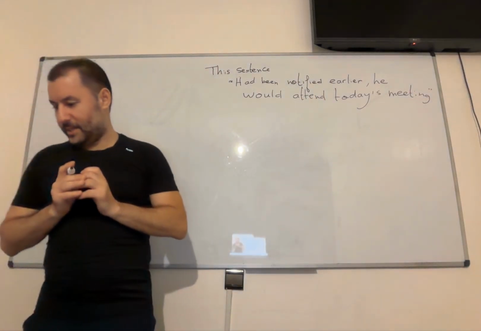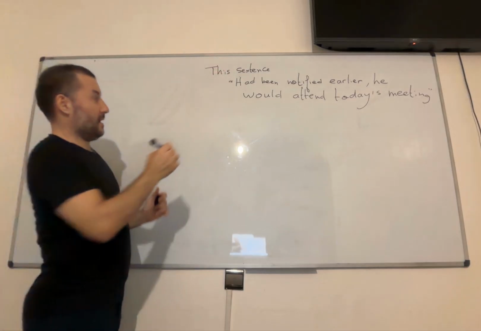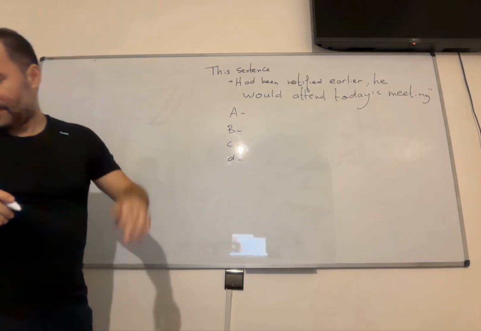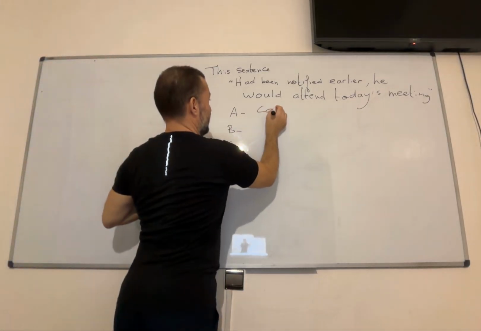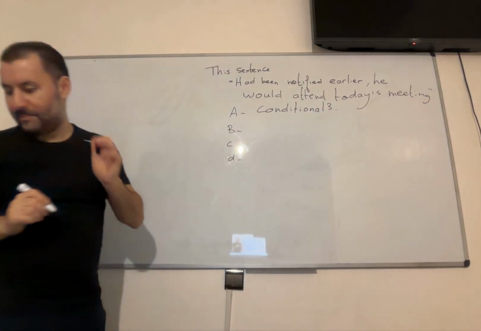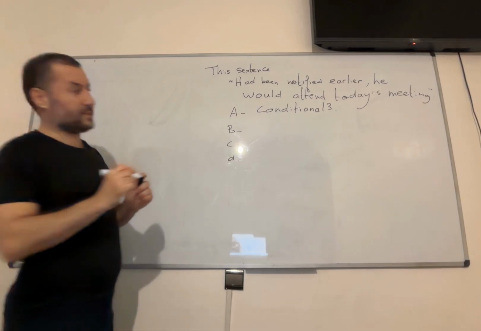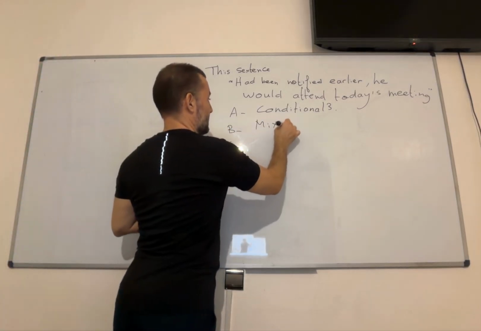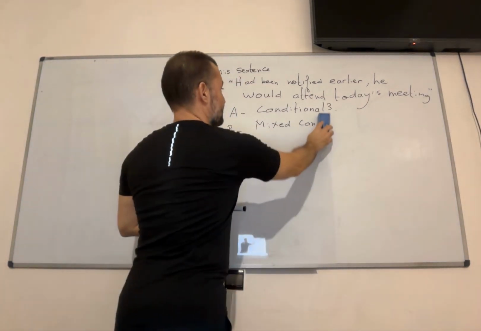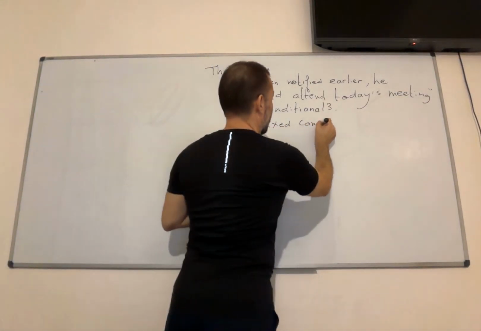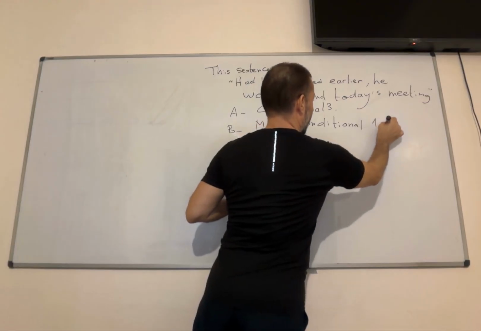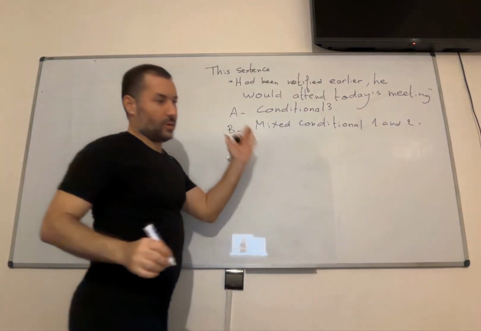So the question is: this sentence is A, B, C or D? A, conditional 3. B, mixed conditional 1 and 2, conditional 1 and conditional 2.